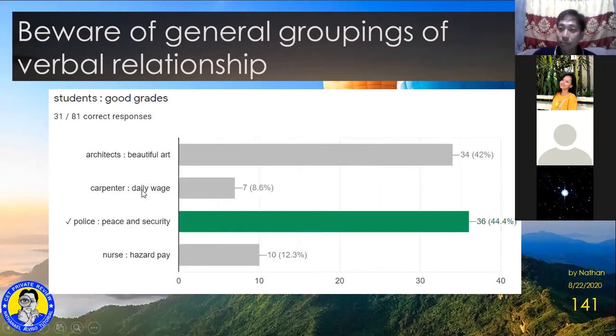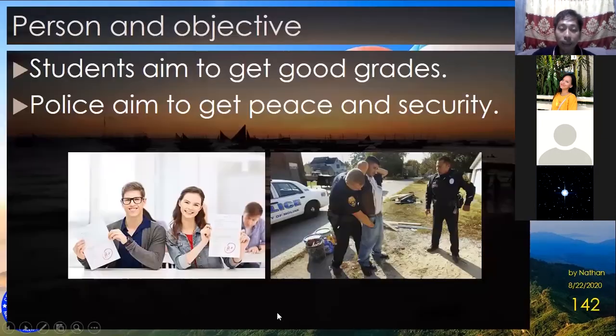Their purpose is to build houses, build furniture, not just earning a daily wage. Same with nurse. You're not there just to get your hazard pay. You're there to help heal people. So the best answer here is police. And you may even put that in a sentence: students aim to get good grades as police aim to get peace and security by apprehending criminals.